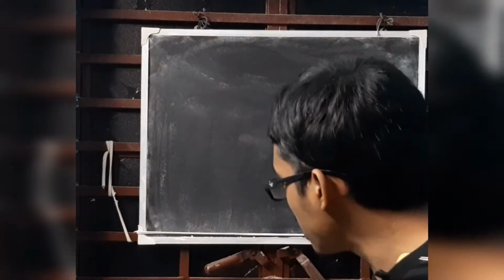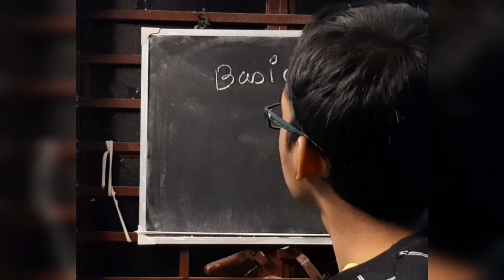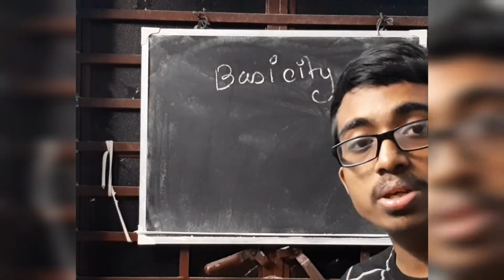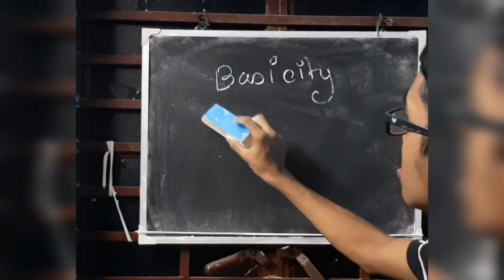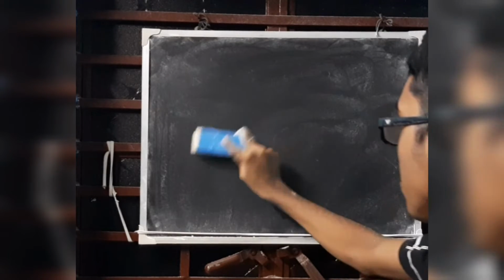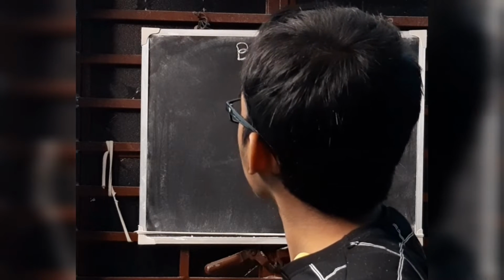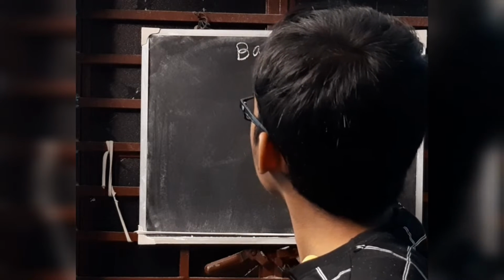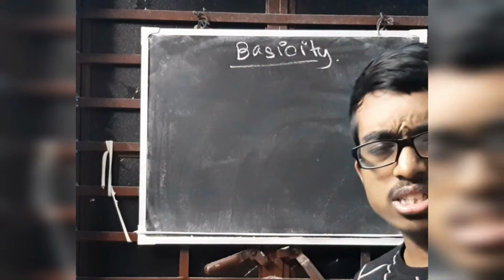First let us learn the spelling: B-A-S-I-C-I-T-Y. Clear? On the basis of basicity, we have divided acids into three types: mono, di, tri.